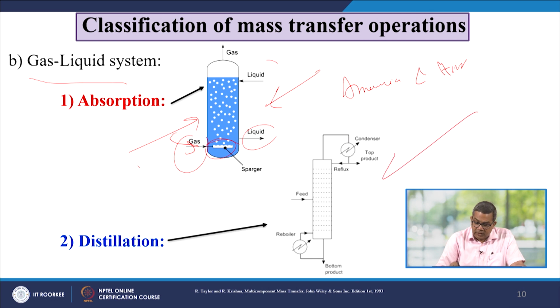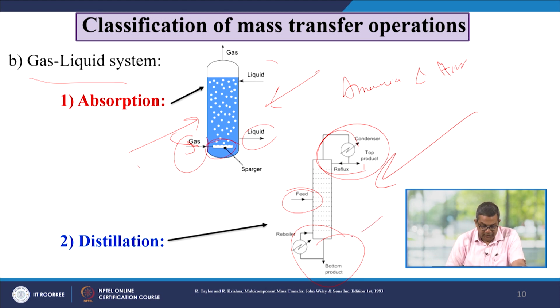Another thing is distillation. Here the salient features are that you are introducing the feed over here, this is the reflux and this is the reboiler section. We have a reboiler where we heat the liquid and it forms a vapor phase, and liquid is fed from the top as a reflux and comes down, and there is intimate contact between the gas and liquid.